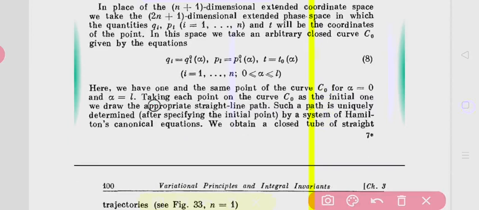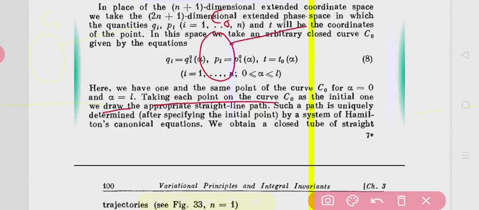Now we are considering this thing. We are considering the same way, taking each point on the curve C naught as the initial point. Over C naught, every point we consider as an initial point, and from that initial point we draw a straight line path.